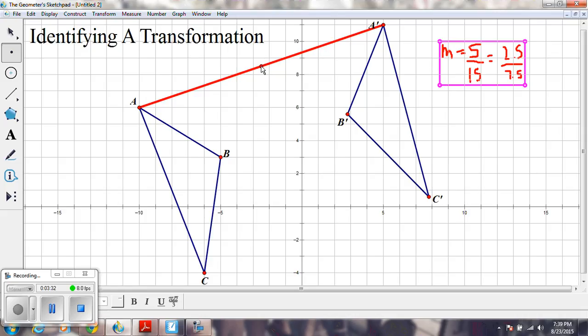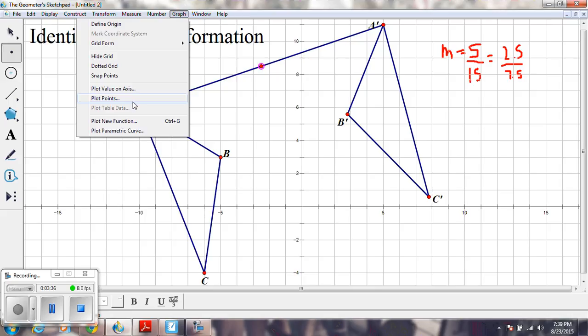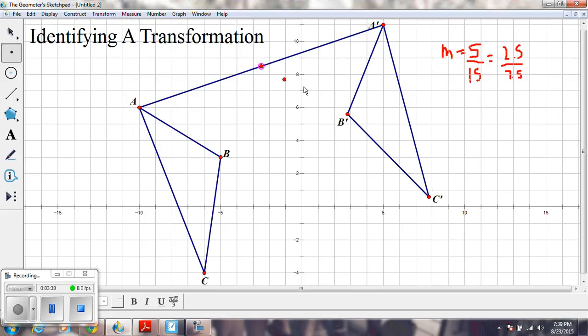Let's plot it perfectly. That'll be fine. Okay, so we're at the point negative 2.5, 8.5. Okay, now the perpendicular slope to that is what I want to think of next.